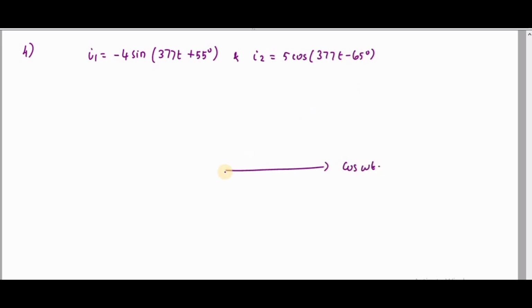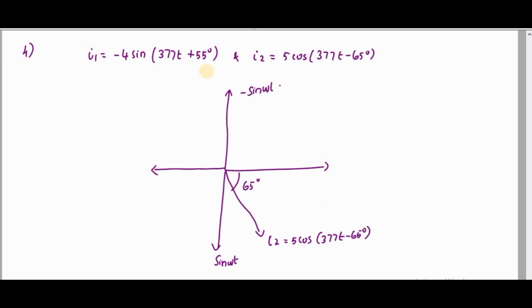This is my sin omega t, and this is your I2, which is 5 cos(377t minus 65 degrees). Since it is minus 65 degrees, it should be in the clockwise direction by 65 degrees. Next is I1.